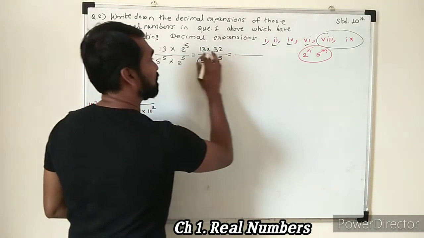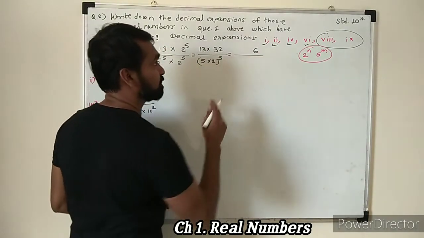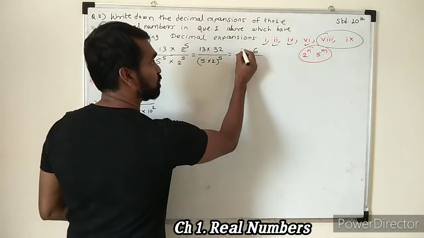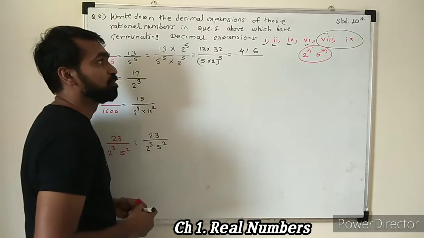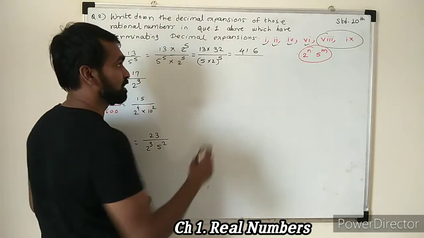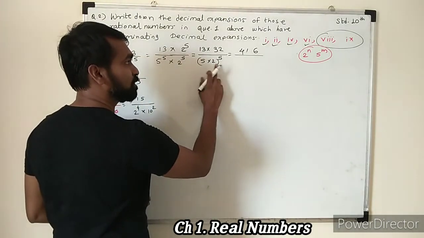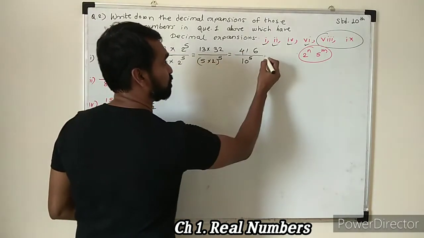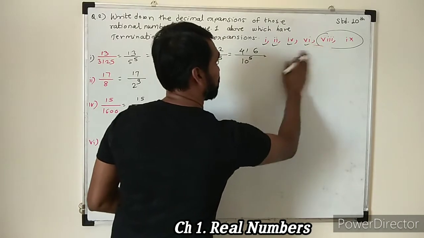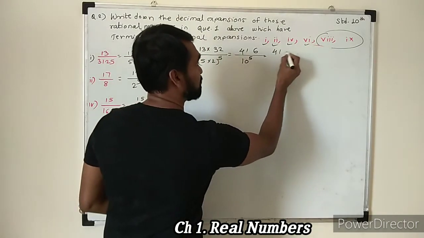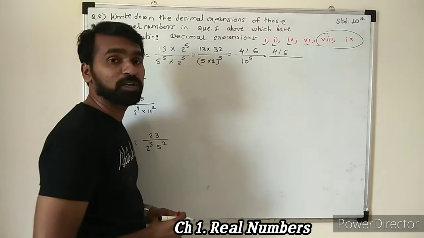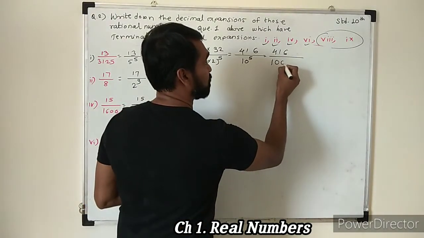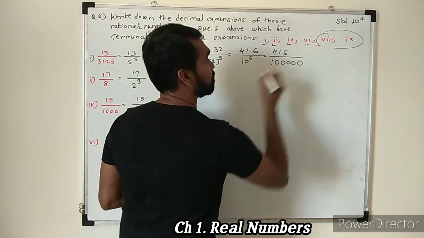So with the multiplication, 13 twos are 26, carry 2, 13 threes are 39, 39 plus 2 is 41. So the multiplication gives 416 upon 5 multiplied by 2 raised to 5, that is 10 raised to 5. So 10 raised to 5 means 1 and 5 zeros, 1, 2, 3, 4 and 5.